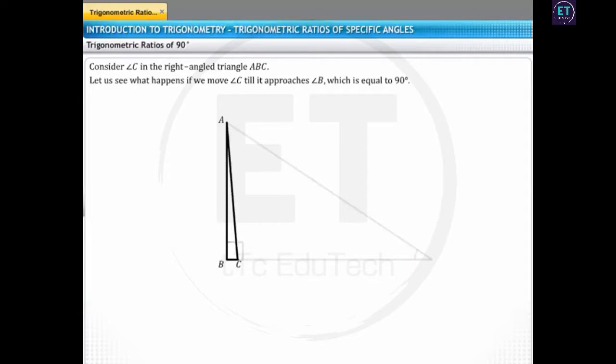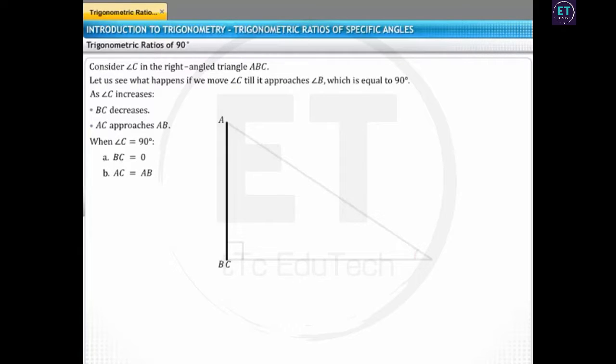Observe carefully. As angle C increases, the length of BC decreases. At the same time, point C approaches point B, so that the length AC approaches the length AB. When angle C becomes 90 degrees, we can say that the length of BC, the side adjacent to angle C, also becomes 0.